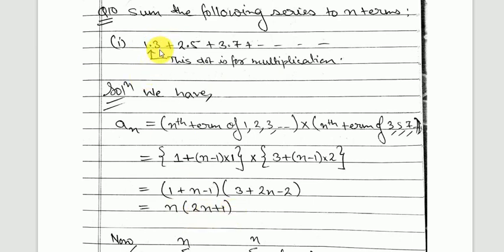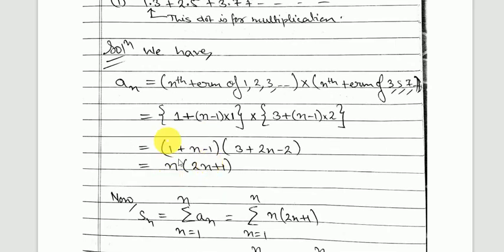Because here this 3 can be written as 2 into 1 plus 1, this 5 can be written 2 into 2 plus 1, and this 7 can be written 2 into 3 plus 1. So these things may be a bit confusing for you, but sometimes just by seeing only you can make out what should be the nth term. So whichever way you are comfortable, you just move ahead, and firstly you got to write the nth term. Clear? So I got my nth term, n into 2n plus 1.